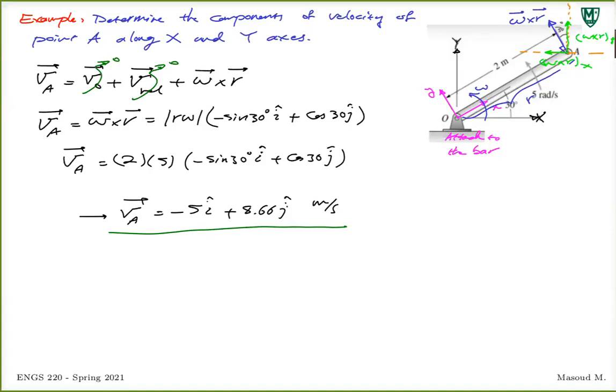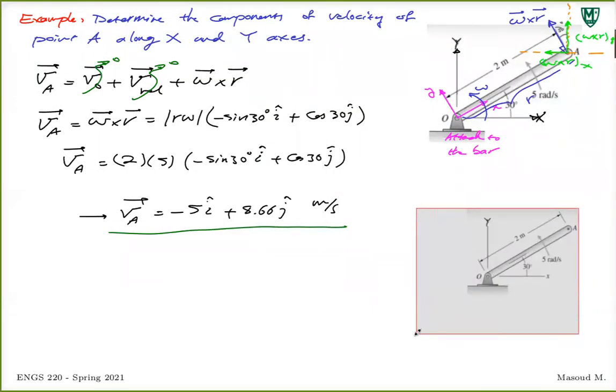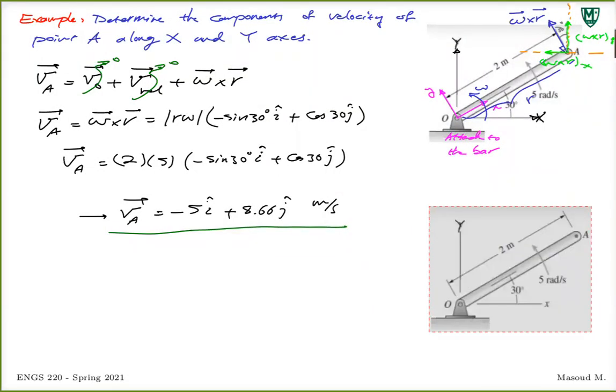Now let's do it quickly the other way. I just wanted to show you that you get the same thing as long as you follow the right approach. Let's say I attach the frame here.